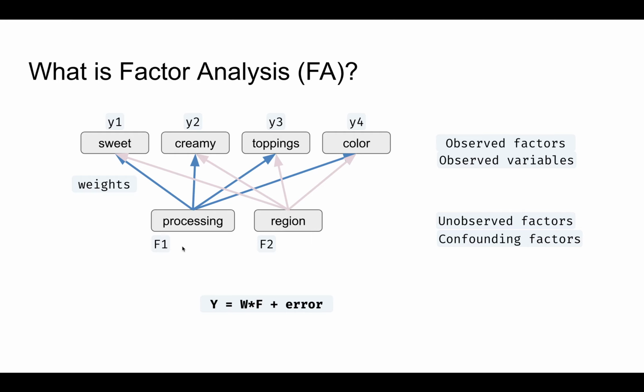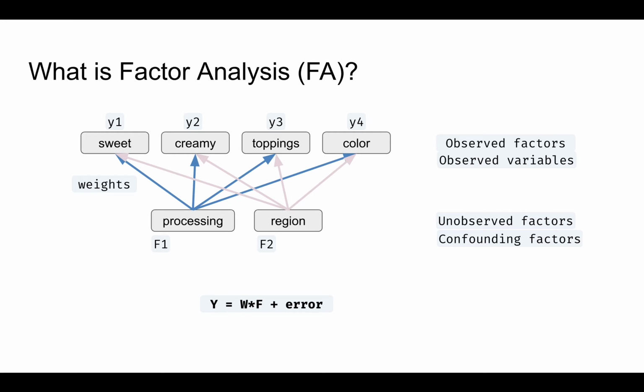So let's say we have two factors, F1 and F2, that we are trying to find. Then those can be found based on the weights that these would have on each of these observed factors. And these unobserved factors in this case could be processing. So processing could have an effect on how sweet the ice cream is or how creamy it is.